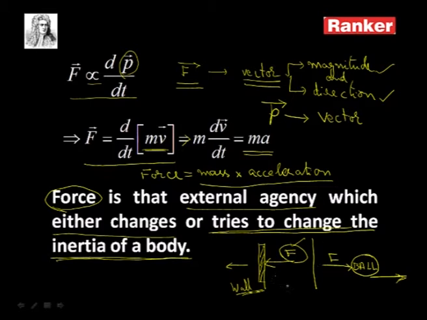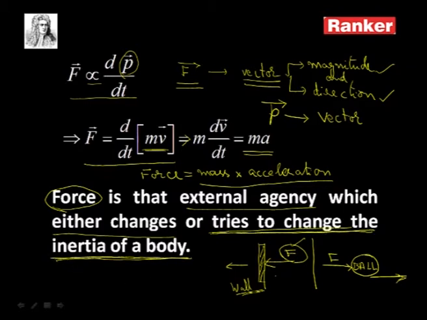In the first case, the wall is not going to get the force required for it to move. The force we are applying on the wall to make it move is not enough for it to come into motion. That is why the force that is applied is simply trying its best to change the inertia of the wall.